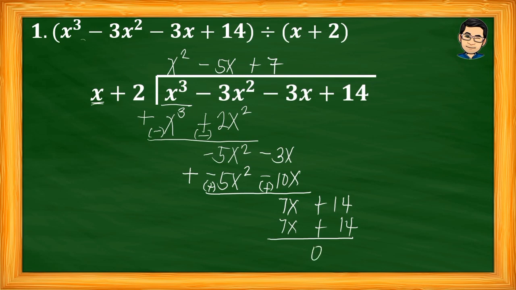So the quotient will be x squared minus 5x plus 7. So in order to check if your answer is correct, just simply multiply the obtained quotient by the divisor. So, i-multiply lang natin yung x squared minus 5x plus 7 sa x plus 2, and then makukuha dapat yung dividend, which is x cubed minus 3x squared minus 3x plus 14.